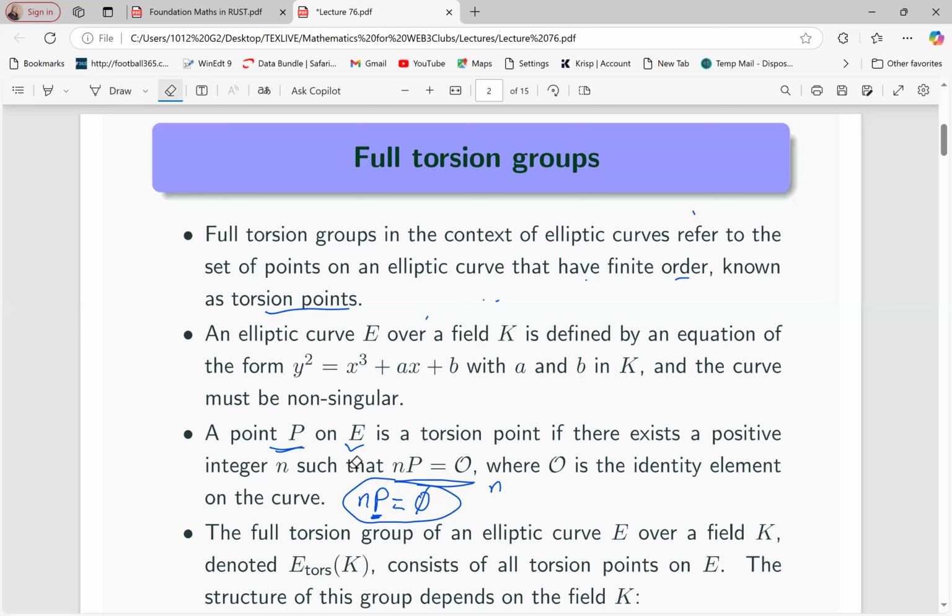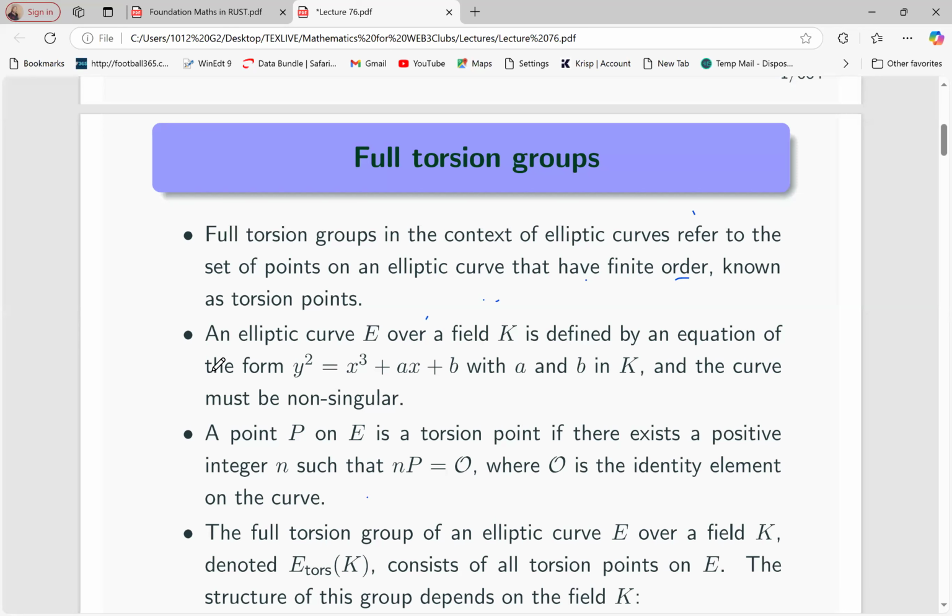So now if you are writing your code, and of course I'll be showing you how to write this code, to give you the torsion points, then you're just giving the code this condition.